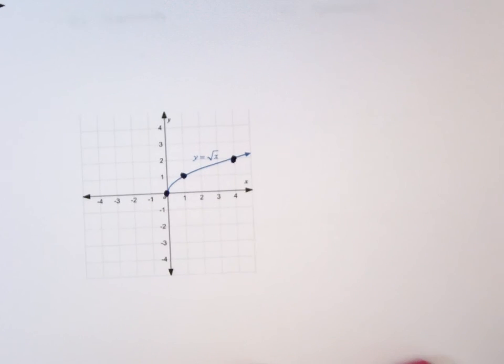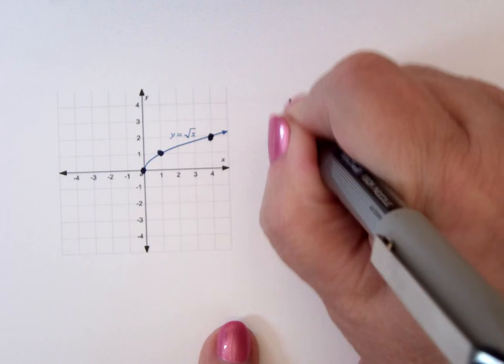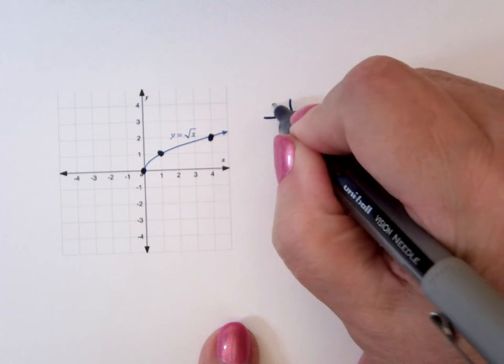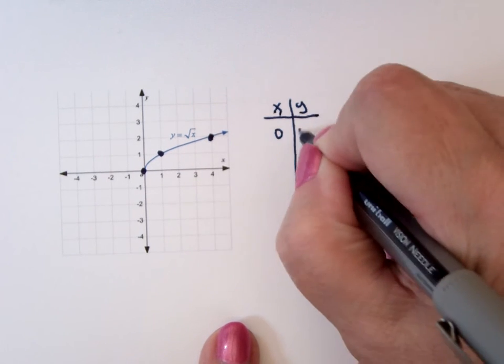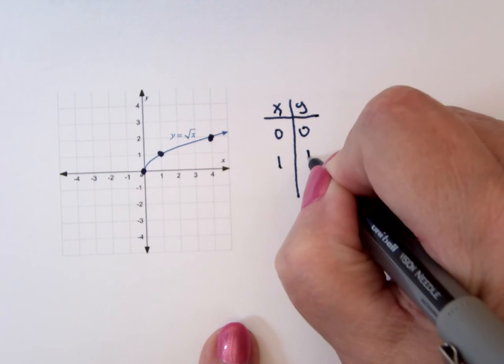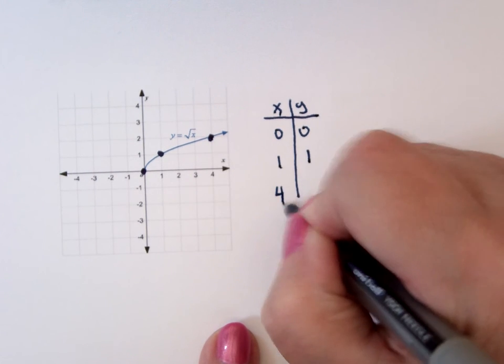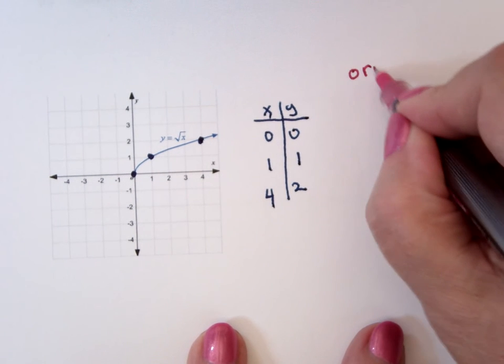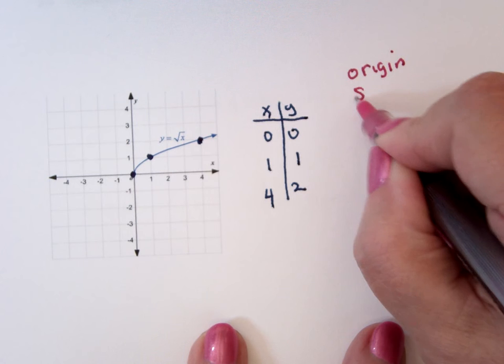So if I look at my coordinate points for square root, this is going to be 0, 0, 1, 1, 4, 2, and origin symmetric.